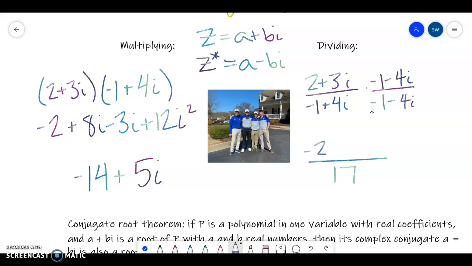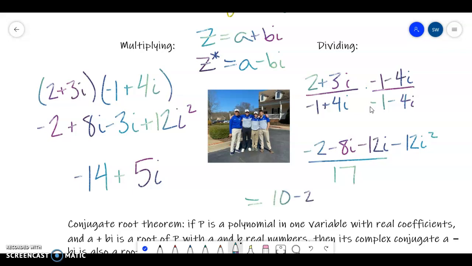So -2 minus 8i minus 12i minus 12i squared. All we've got left to do is combine terms. So -12i squared is the same thing as positive 12, so that would be 10.